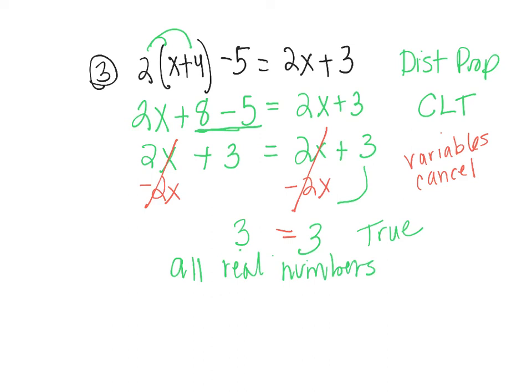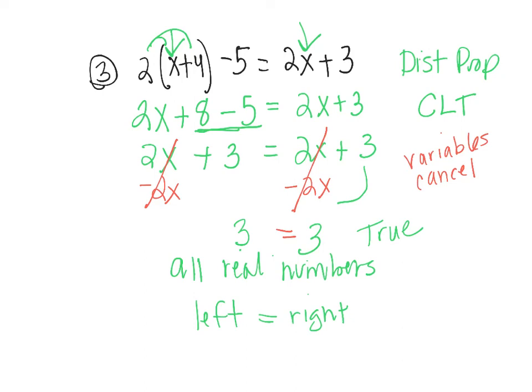What that means is that if we would go around and I ask every single person, what value do you want me to put in for x? And everyone selected a different number, it would make the right side of the equation equal the left side of the equation. No matter if it was 0, a positive, a negative, a decimal, a fraction. We can plug any single number back in here for x, and that right side of the equation would equal the left side of the equation.